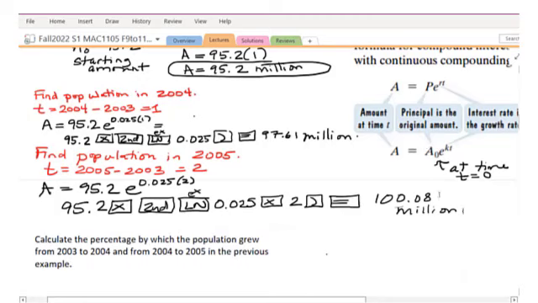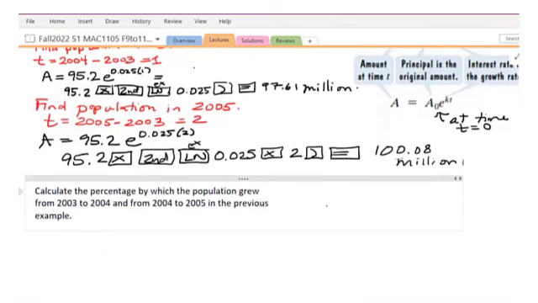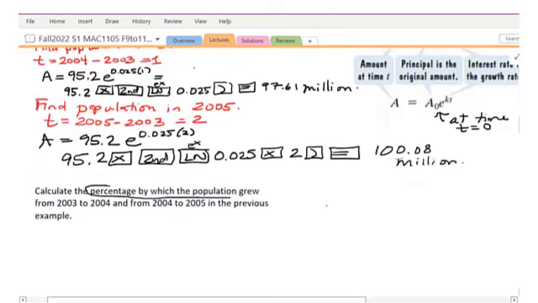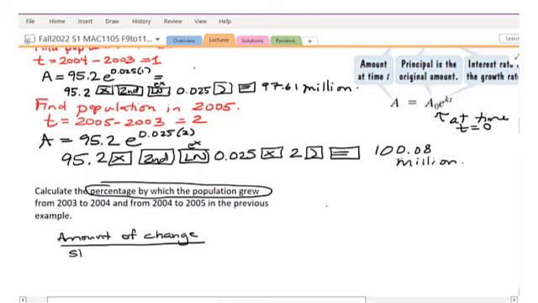You take the amount it has changed and you divide it by the starting amount. That gives you a decimal, which you convert to a percentage.